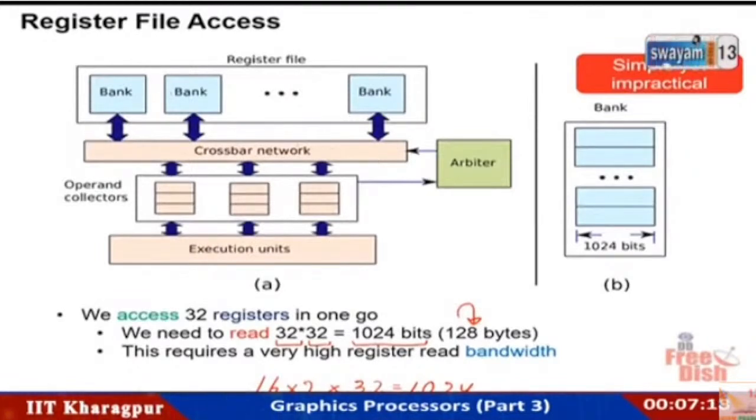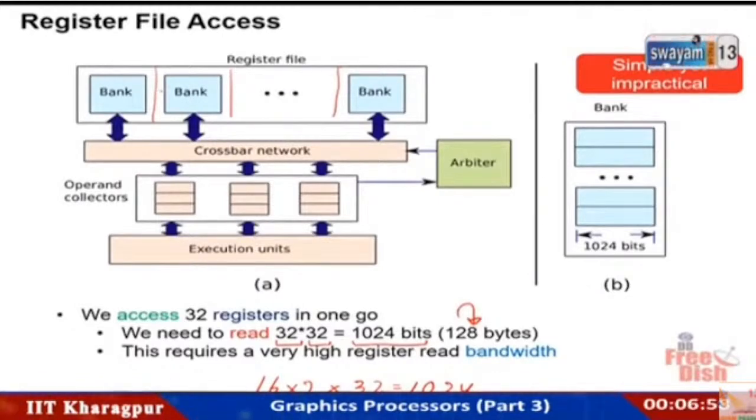A far more efficient solution is to actually split the register file into multiple banks, sub-register files, and distribute these 1024 bits across these register file banks. So one bank can keep, let's say, 64 bits or 128 bits.